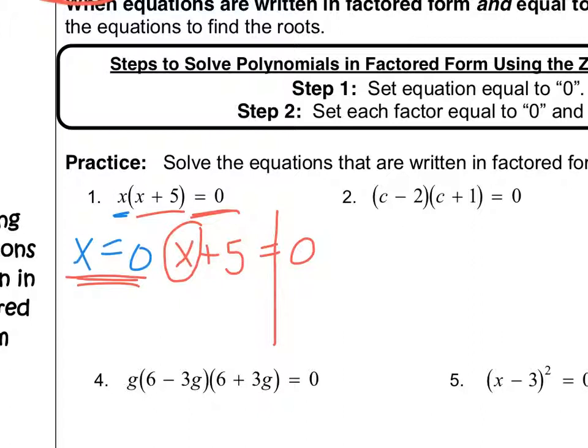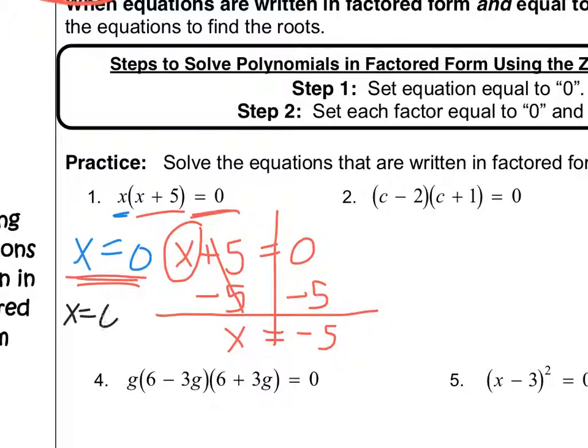So in order to zero out a positive 5, I'm going to do minus 5. And remember, whatever I do on one side, I have to do to the other. So my 5's cancel out, and I'm left with x equals negative 5. So the solution to number 1 is x equals 0 and x equals negative 5. Those are my two solutions.